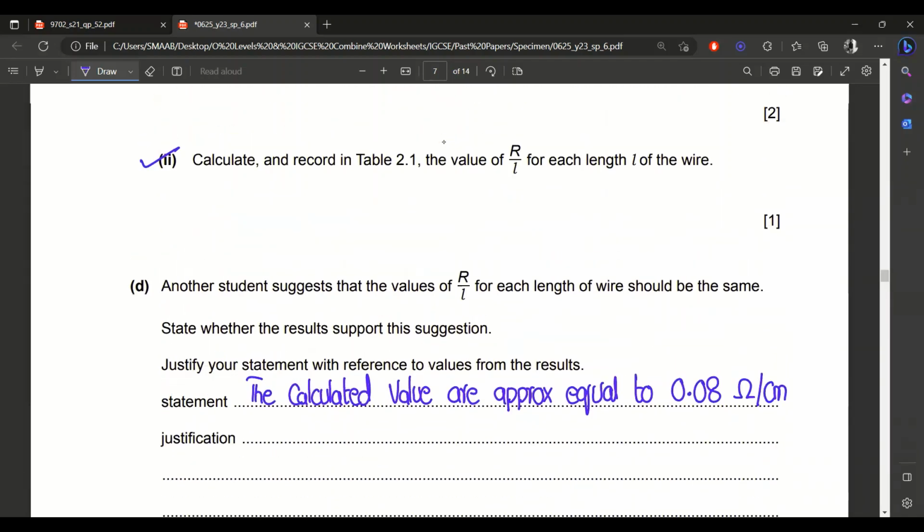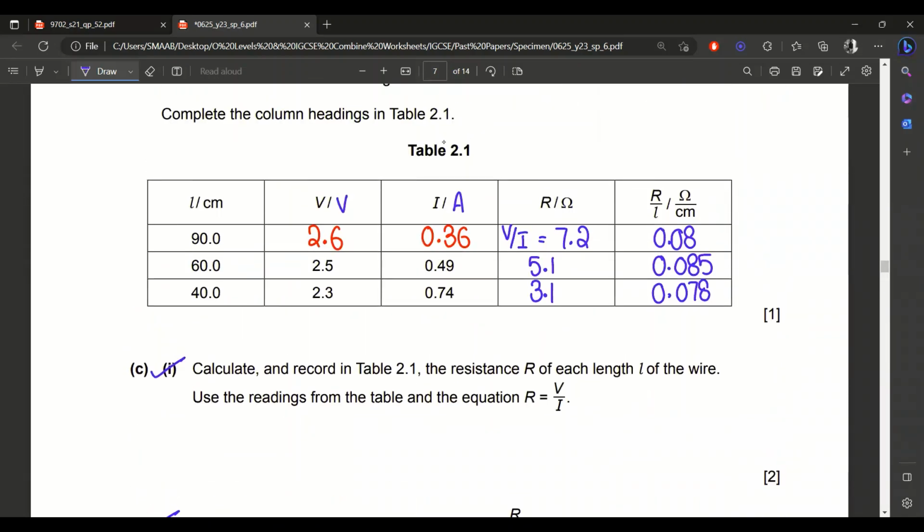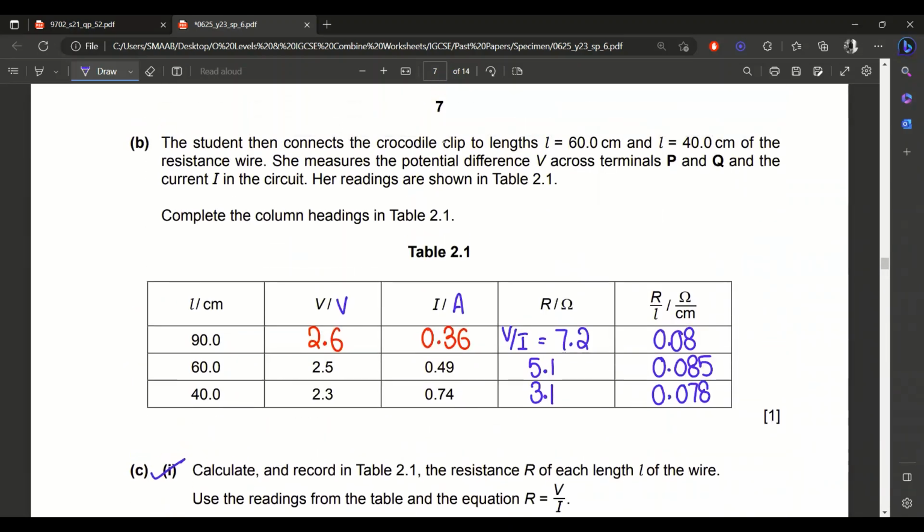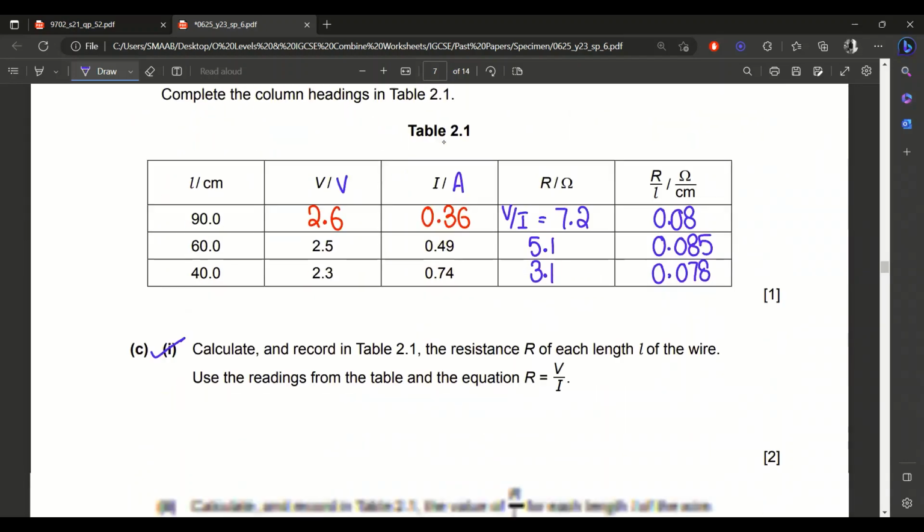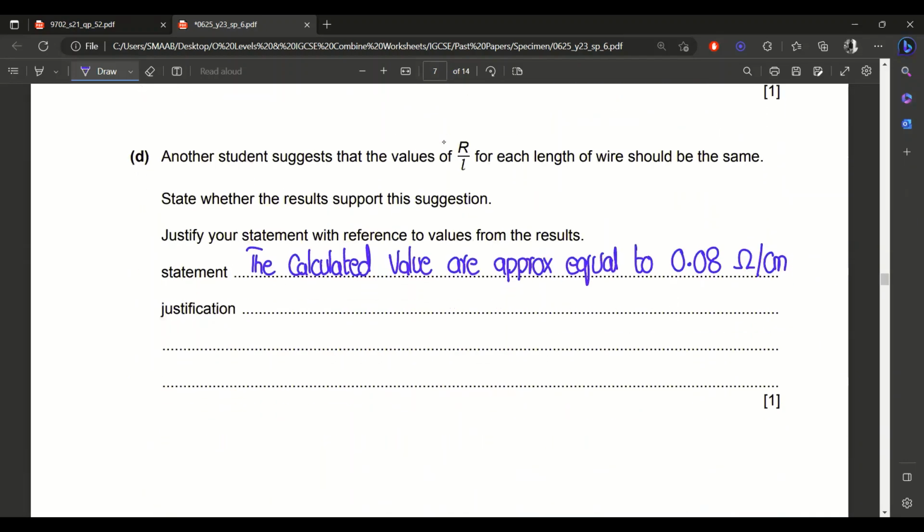And the justification is that if we perform the experiment with changing length, so when we are changing the length, the resistance will also change, right? And if you remember, there is a reference of R equals rho L over A. So if we increase the length, the resistance will also increase.